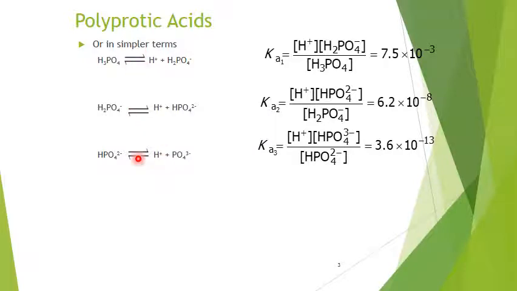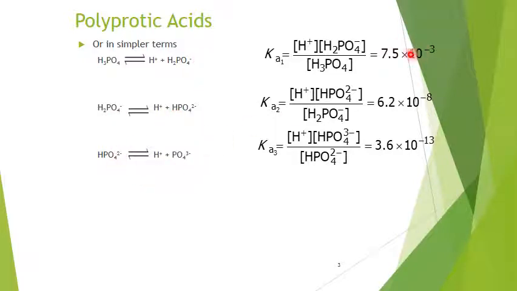So if we look at the relative acid strength, this guy up here is going to have the highest acid strength. It splits apart easier and more than these guys down here.